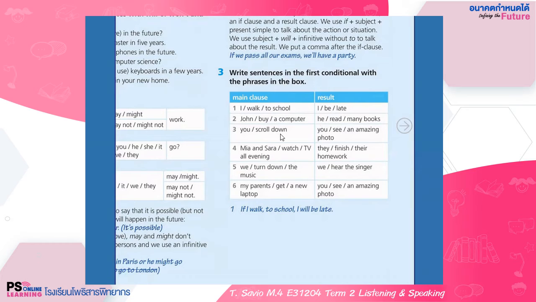If you scroll down, you will see an amazing photo. Number 4. Mia and Sarah watch TV all evening. So if Mia and Sarah watch TV all evening, they won't finish their homework. So this is also negative.